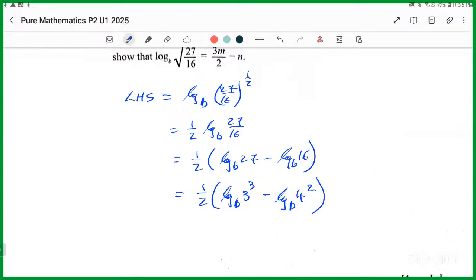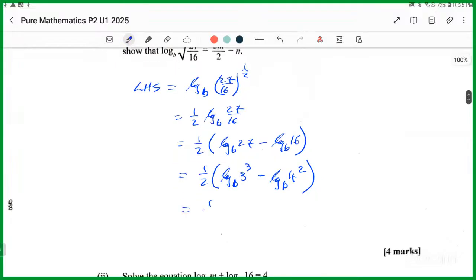I don't want to skip any step, you know. These numbers come to the front now. So it becomes half into 3 log to base b of 3 minus 2 log to base b of 4.